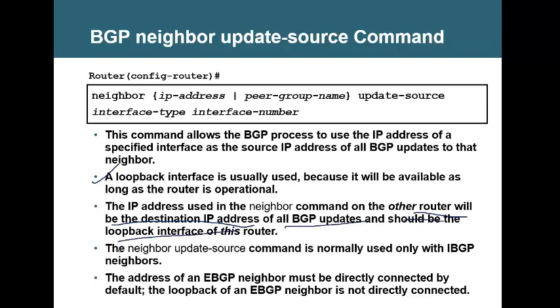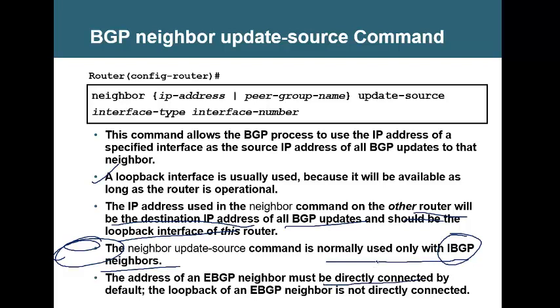The neighbor update source command is normally used only with IBGP neighbors. Yes, very important. It doesn't mean that we cannot use it with eBGP, but generally, mostly, popularly, it is used only between IBGP neighbors. The address of the eBGP neighbor must be directly connected. That's the reason.